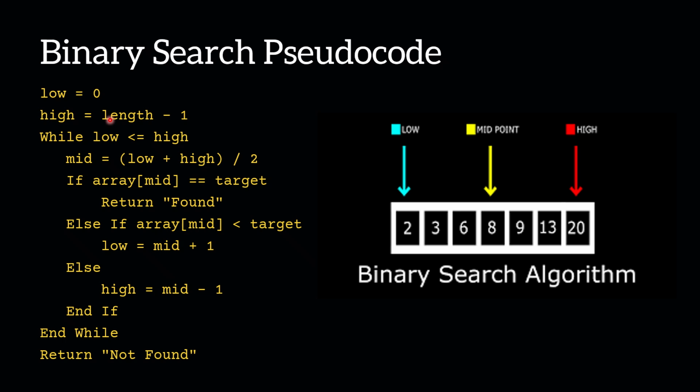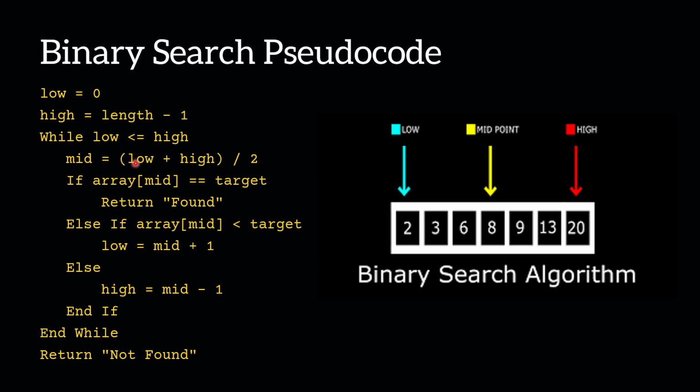Initially, it's going to be the last element. Together, low and high define the section of the array that we're still searching through. Think of it as two markers pointing at the two ends of your search area. You'll keep shrinking that range until you find your target or confirm that it isn't there.